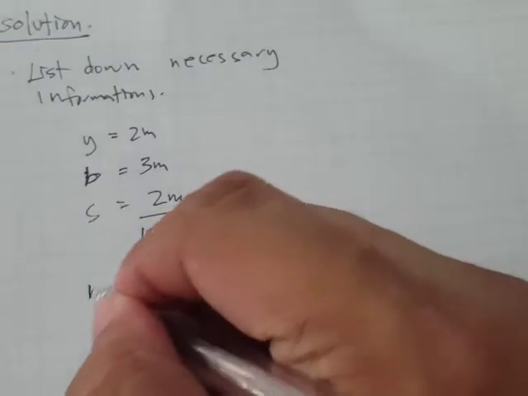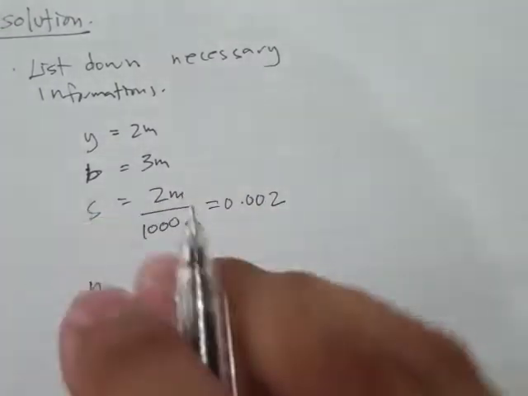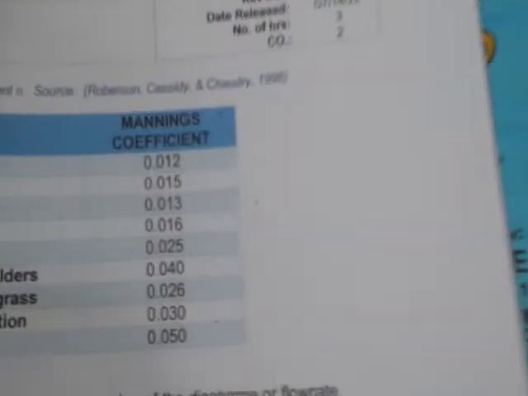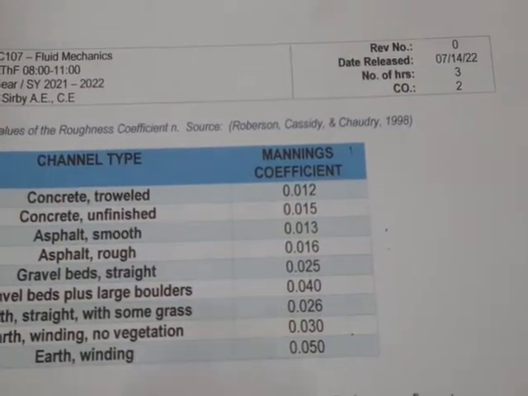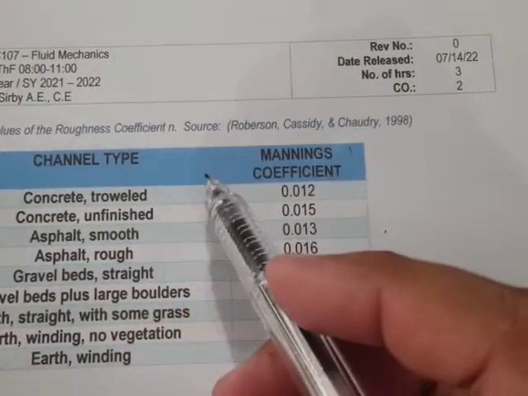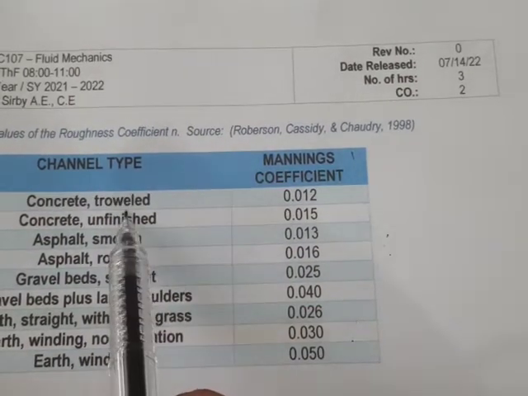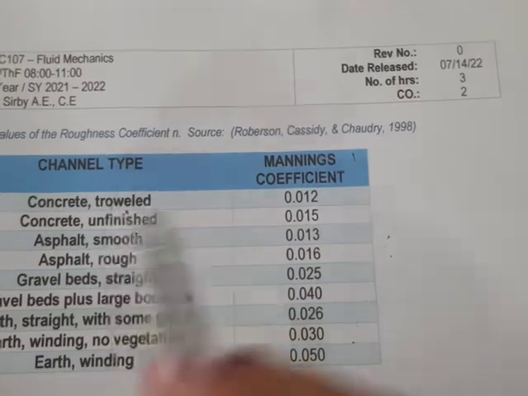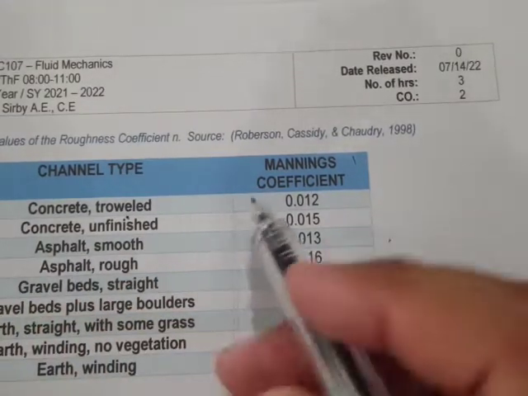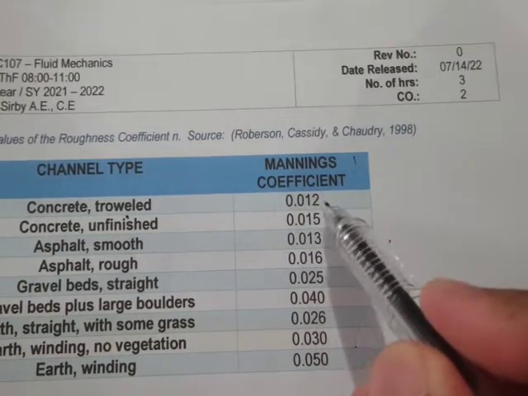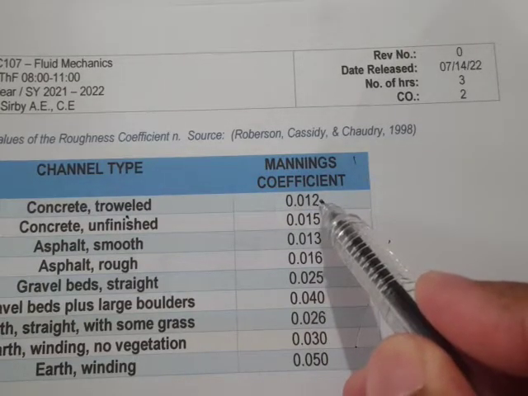And for the n, let's go to the table. It says that we are having a channel made up of finished concrete, so that means it has a smoother surface. So we have this Manning's coefficient of 0.012.